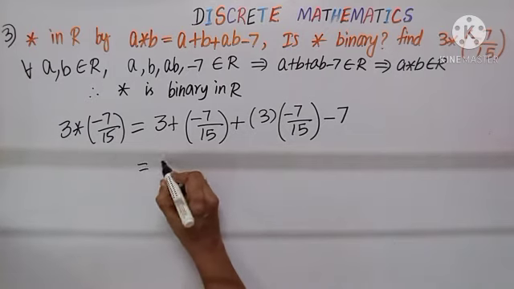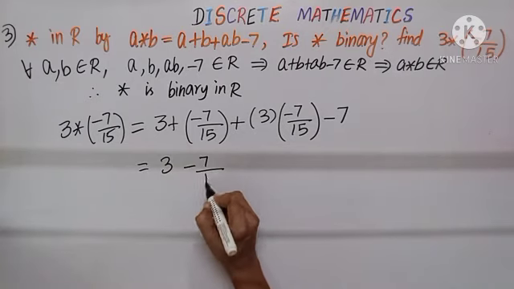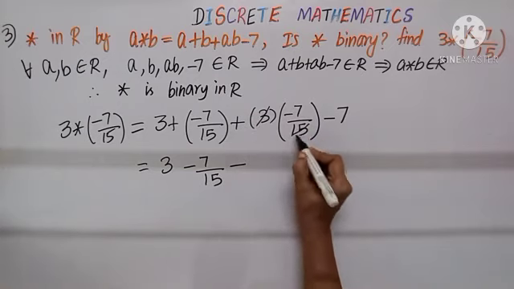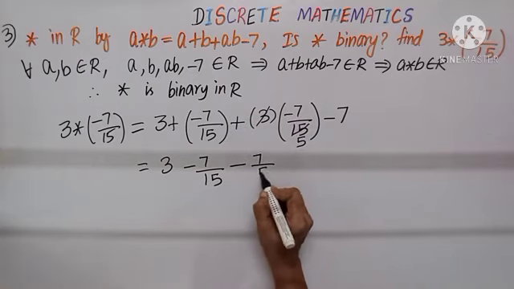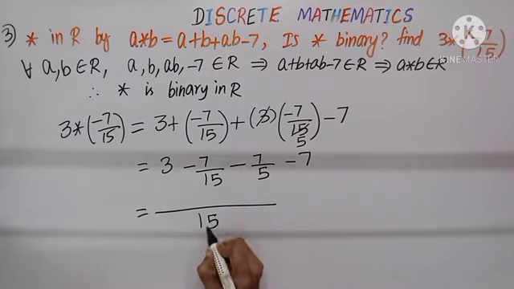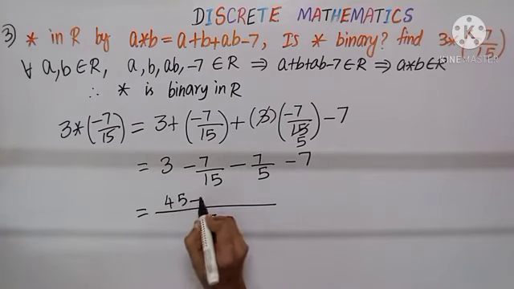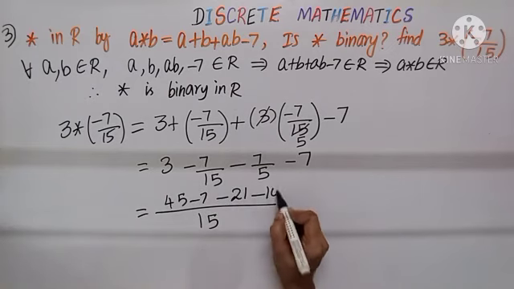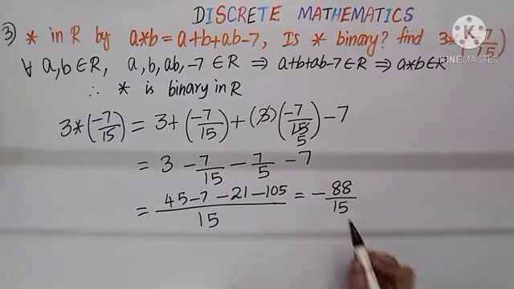Simplify the answer. 3 minus 7 by 15 plus, into minus, minus we can cancel. It is 7 by 5 minus 7. Taking LCM, that is 15. 45 minus 7 minus 21 minus 105. We get minus 88 by 15.